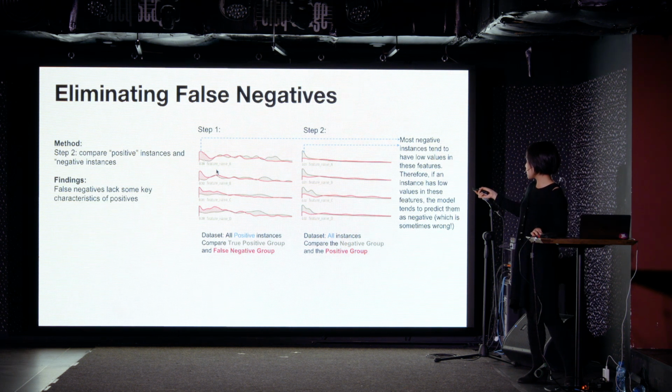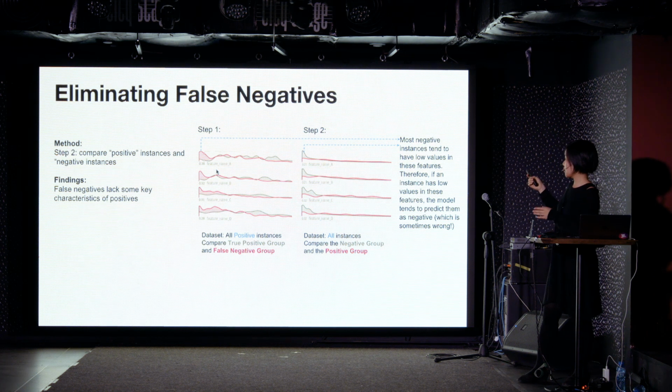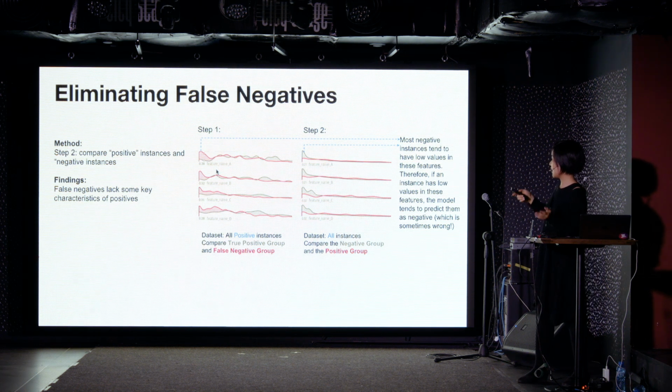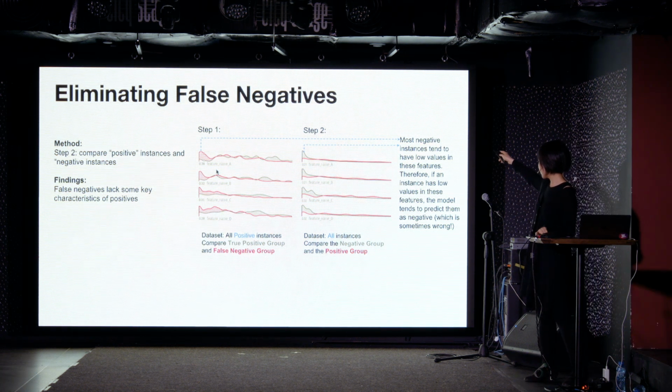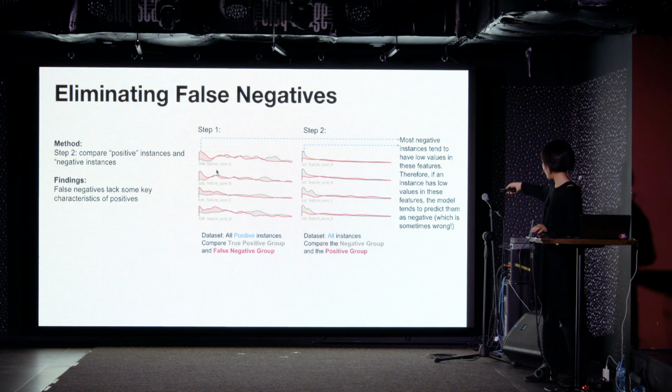As step 2, they further compared all the positive instances against negative instances. If you see on the right side of the screen, the negative instances, which is the gray group, have lower values in these features compared to the positive group.